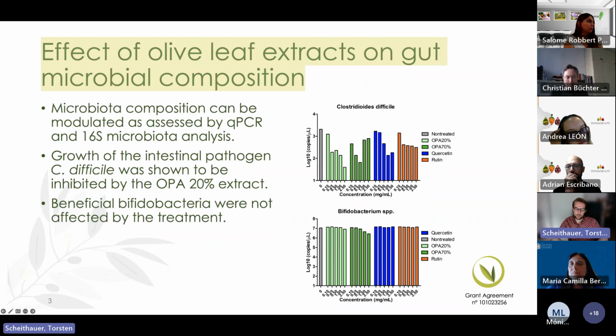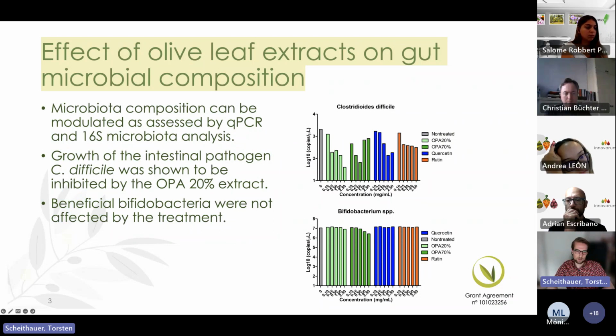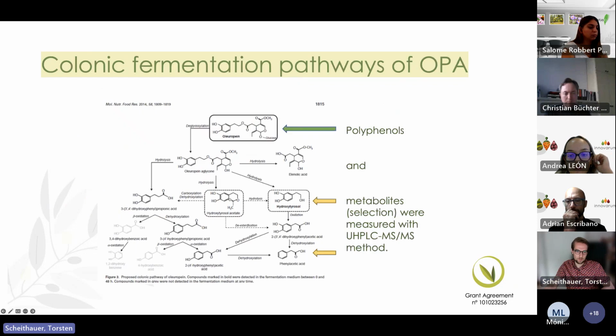But now we also have metagenomic sequencing, which uses a shotgun sequencing approach. And there we can also look at the function and the composition. So our bioinformaticians are working hard to get this data. But so far, it looks like only specific bacteria seem to be affected by this OLEAF extract treatment, bacteria that can metabolize these phenols.